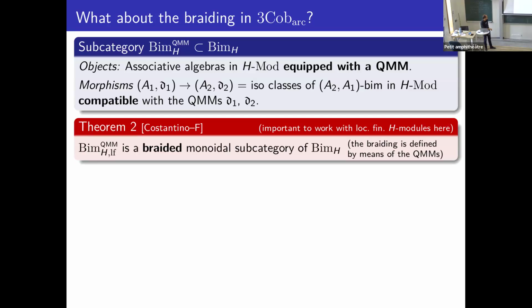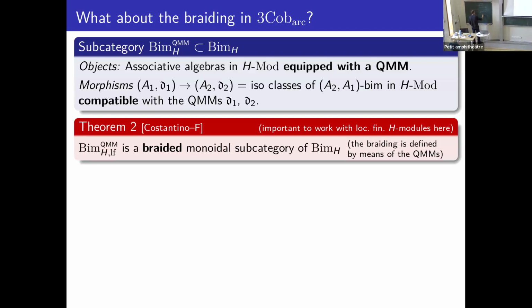Take the simplest ribbon algebra you have in mind. You want an example of such bimodules, of this braided category Bim QMM? You want an example of QMM? Yeah. Okay, QMM, yeah, of course.